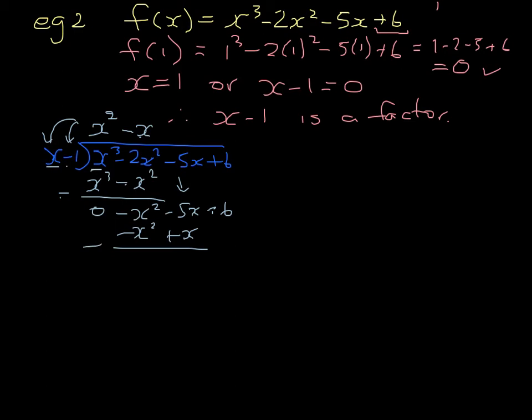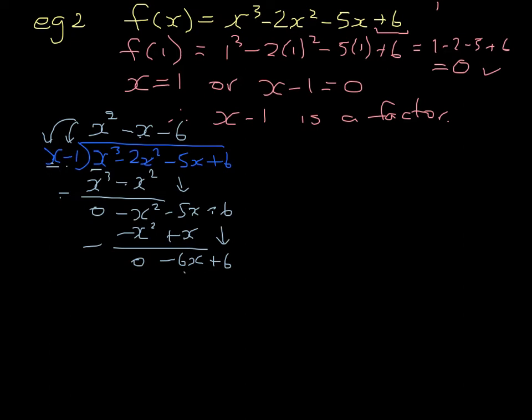Need to take that away, so x squared take x squared is 0. Negative 5x take away another x is negative 6x. Bring down the plus 6. Okay. Then we deal with the negative 6x down the bottom, divide that by the x out the front, gives us negative 6.